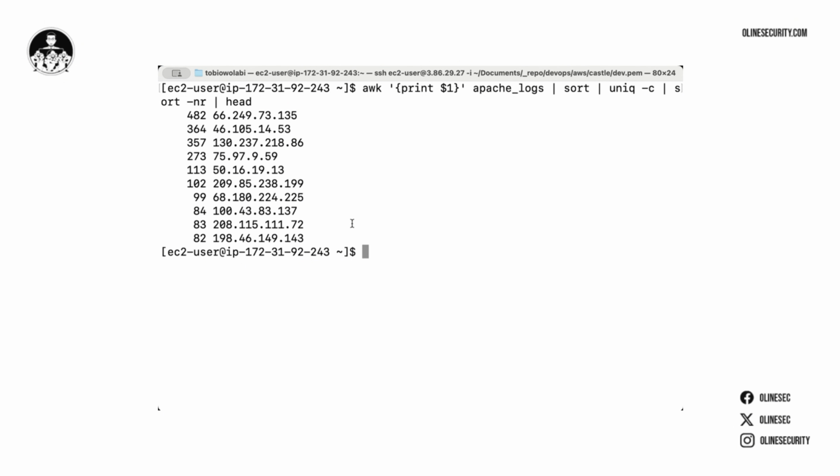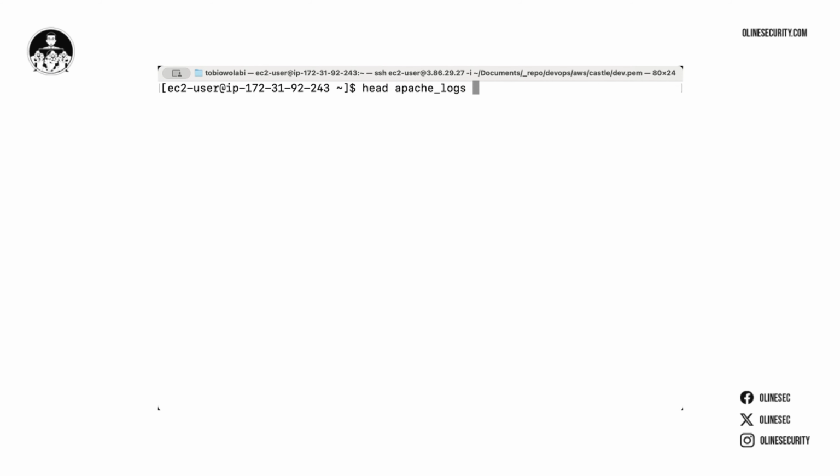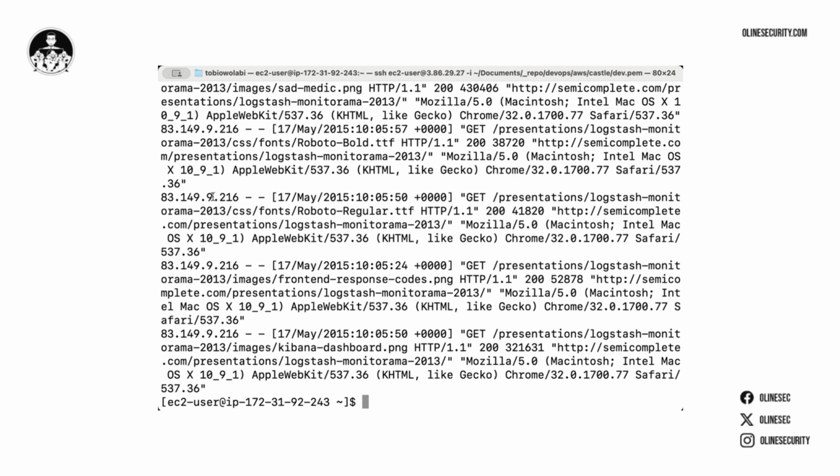So let me look back at that file one more time. And let's extract one more thing before we move on. Let's see. This is 1, 2, 3, 4, 2, 3, 4, 5, 6.